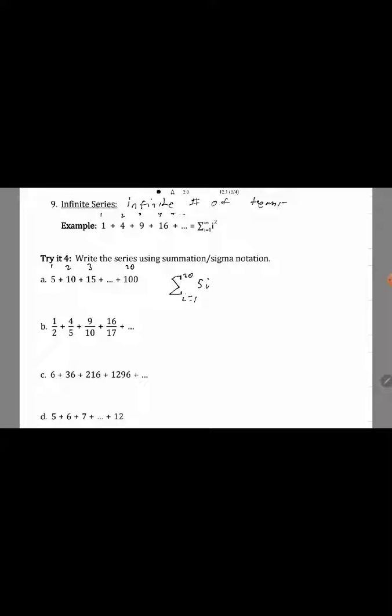Okay? So here's the first term, here's the second term, here's the third term, here's the fourth term, here's the dot, dot, dot. And there's no ending term, so draw sigma, i equals 1, and we're going to infinity, and now we've got to figure out our equation.